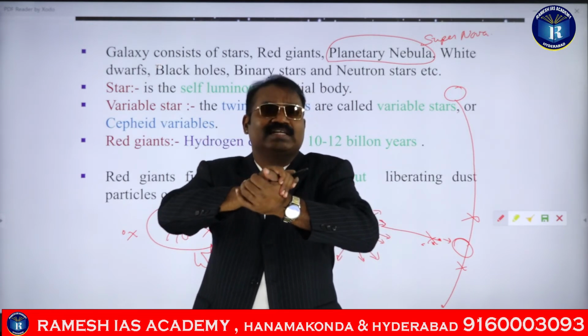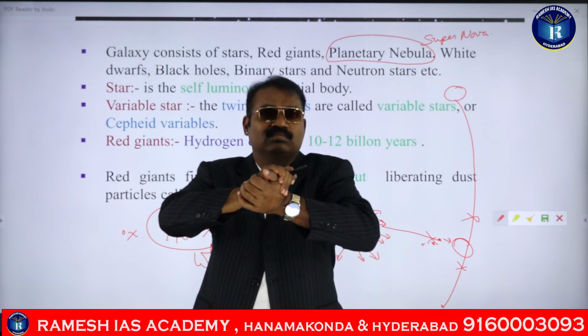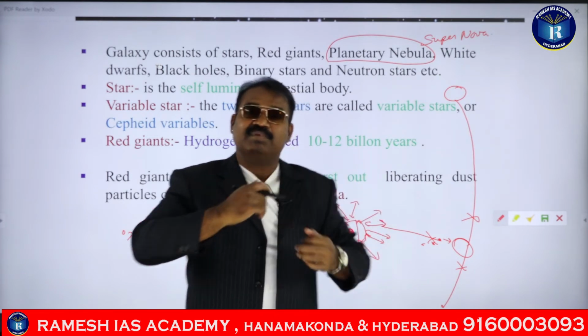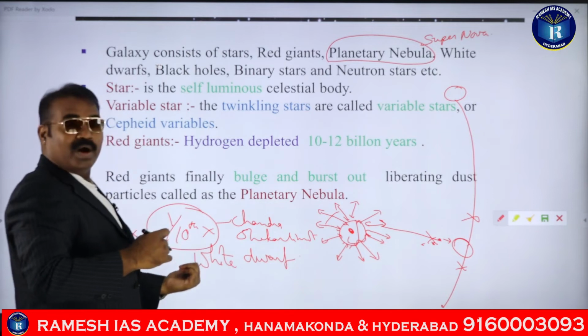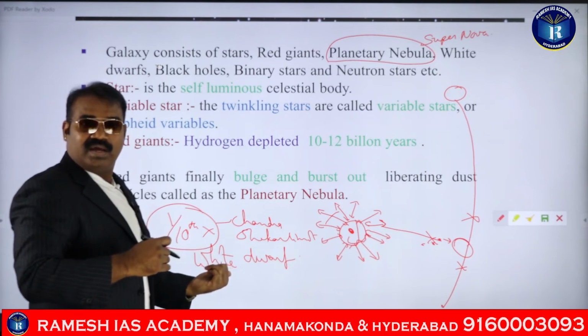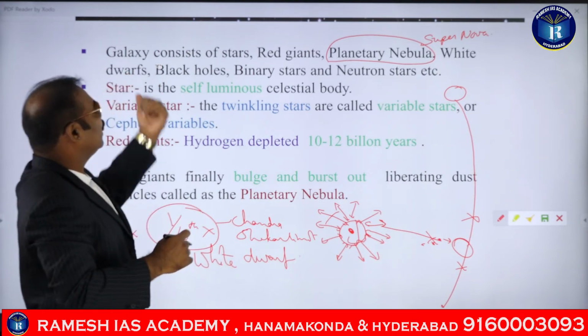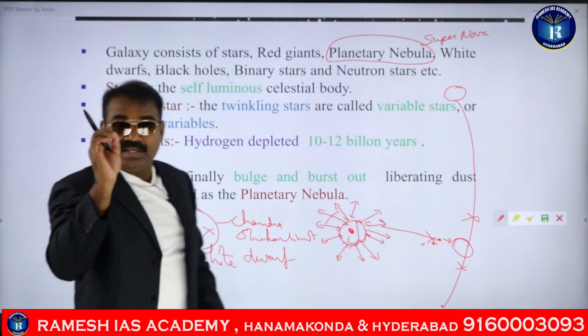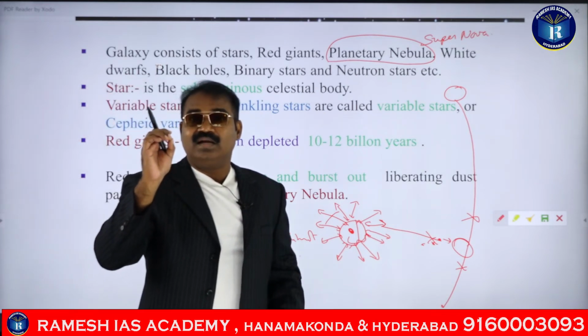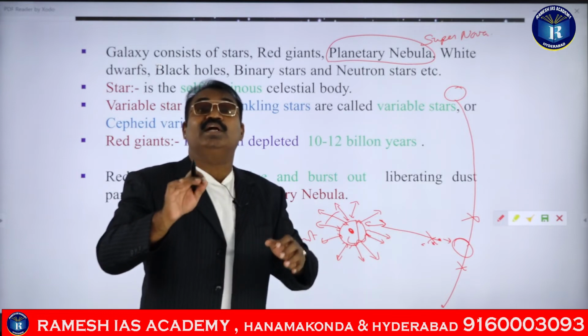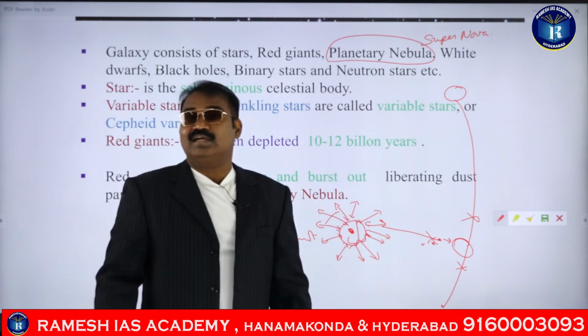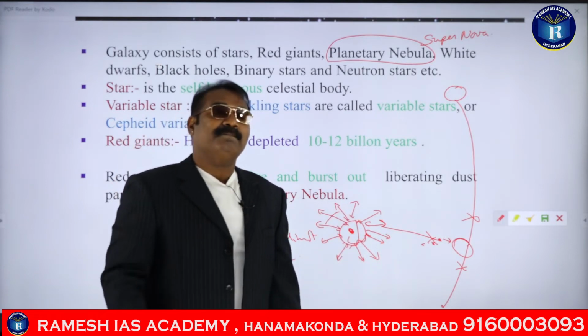If you just press your hands, guys, pressure is more, right, and the temperature increases. The same thing will be happening within the white dwarf. Okay, and then what happened? The white dwarf's materials which are present, the atoms which are present, will be broken into the subatomic particles that are called the hadrons or the baryons.